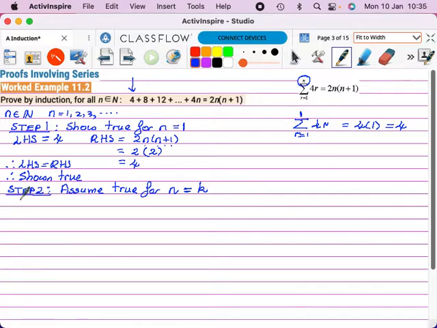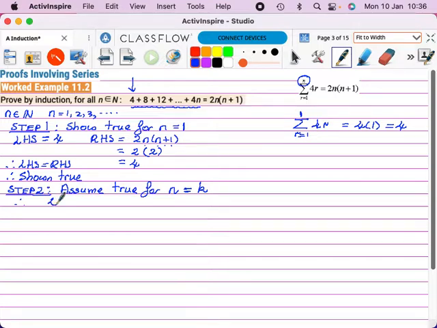So therefore, what am I assuming true? Now, this is the bit that people find difficult to understand. So I'm looking at my left-hand side. I'm assuming true that this expression here is true for n equals k, which means I replace the n with the letter k.